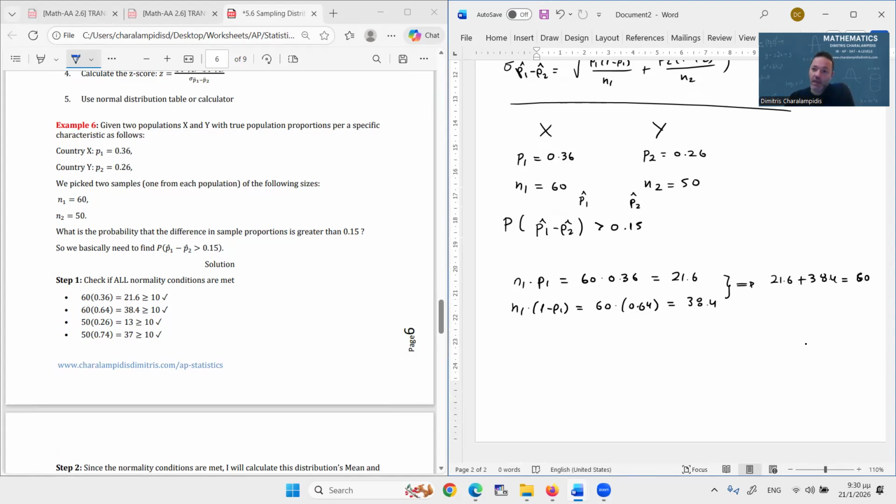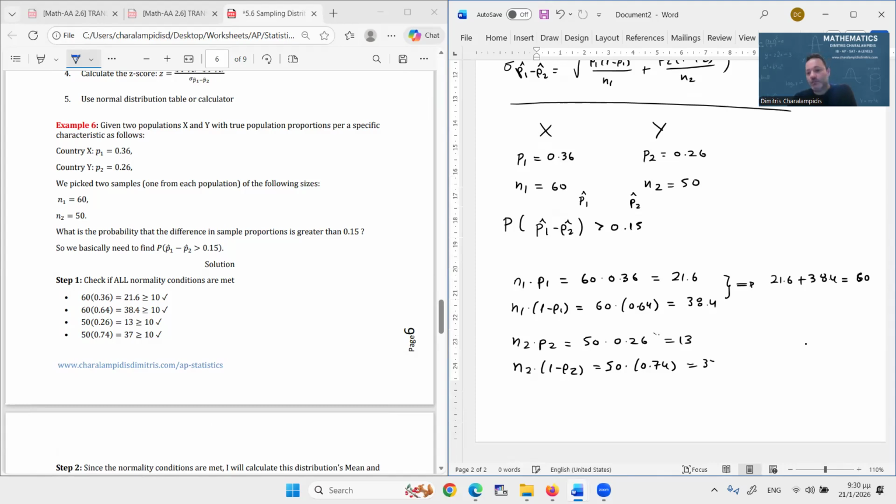I need to check another two conditions. n2 times p2 would be 50 times 0.26, which is equal to 13. And n2 times 1 minus p2 is 50 times 0.74, which is 37.